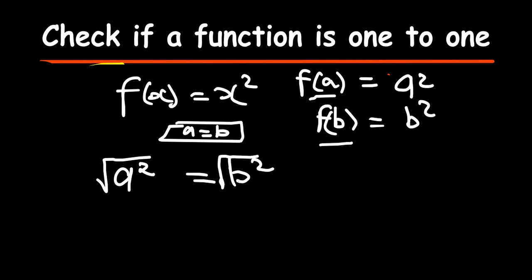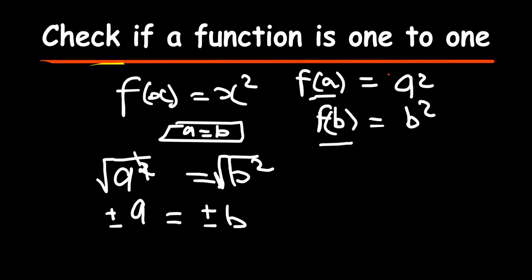Now notice that immediately you square root, if you are the one who has introduced the square root in the question, then it means the answer that you are going to get here will be plus or minus. Then these two cancel with the root, so we have a is equal to, even here because it's us who introduced this root, plus or minus b.